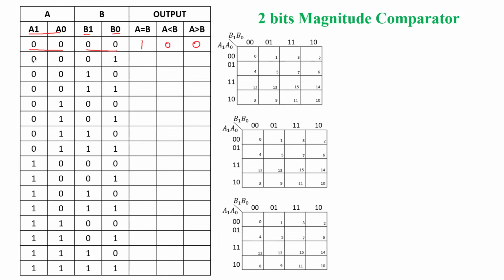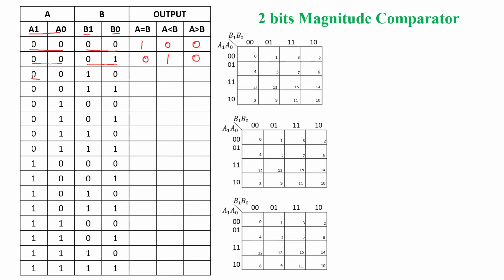Next, A is binary 0, decimal 0, and for B, binary is 0 1, so in decimal it is 1. From here, A is less than B, and the remaining are 0.